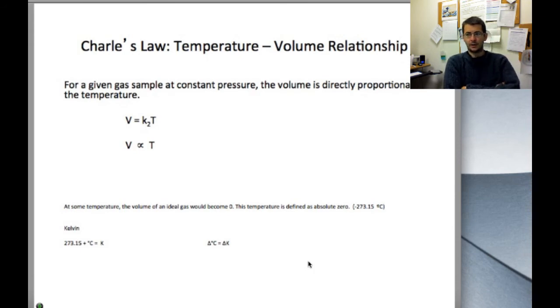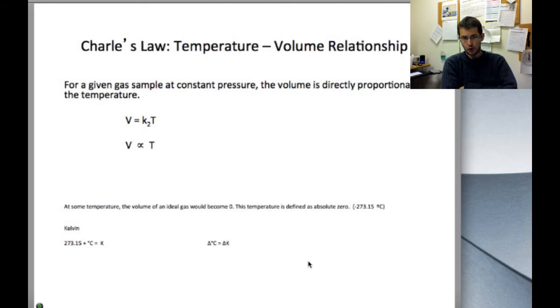If you've ever carried balloons around in the middle of winter, you know that the volume is related to the temperature of the gas.